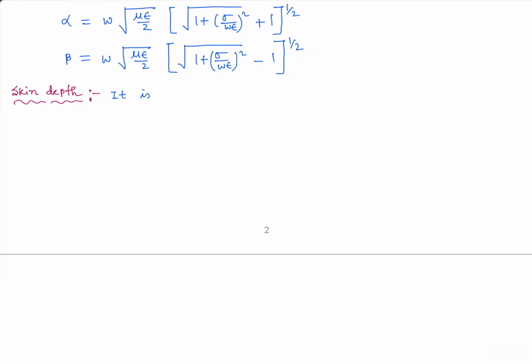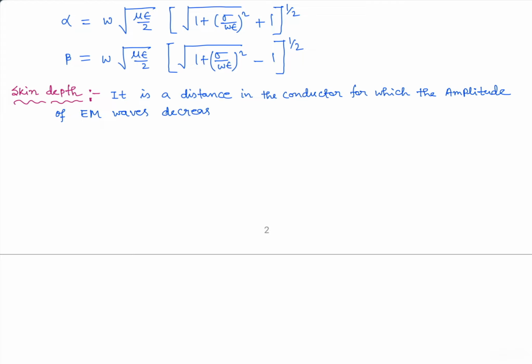Skin depth is the distance inside the conductor for which the amplitude of the EM wave decreases by a factor 1 by e.